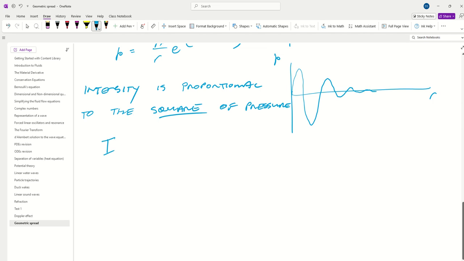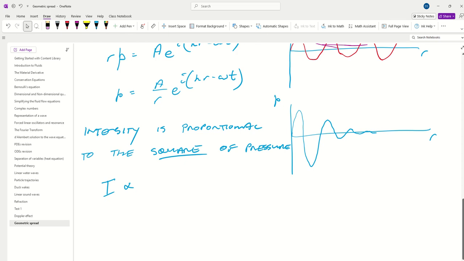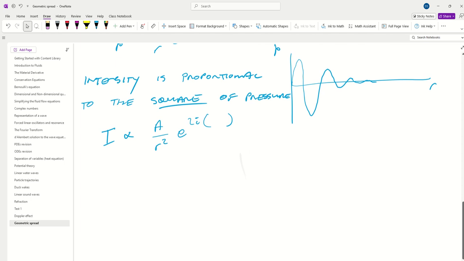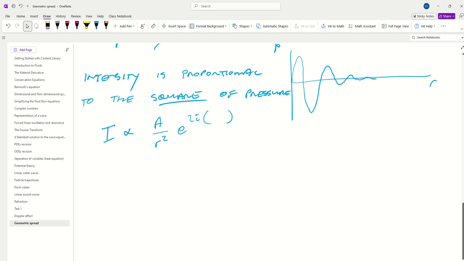So that is I proportional to A squared on r squared times e to the something, like so. We don't really care about this.